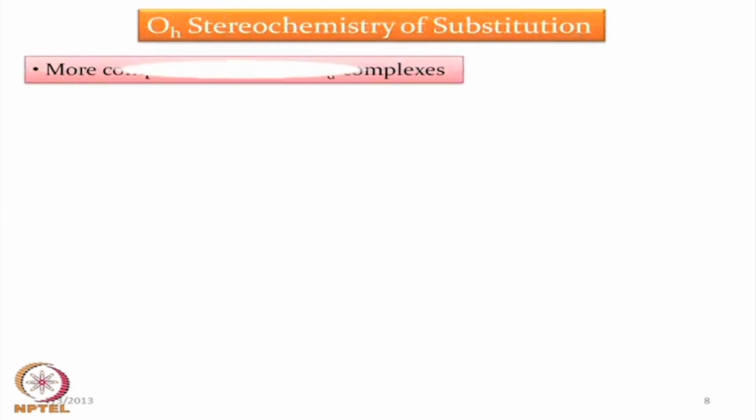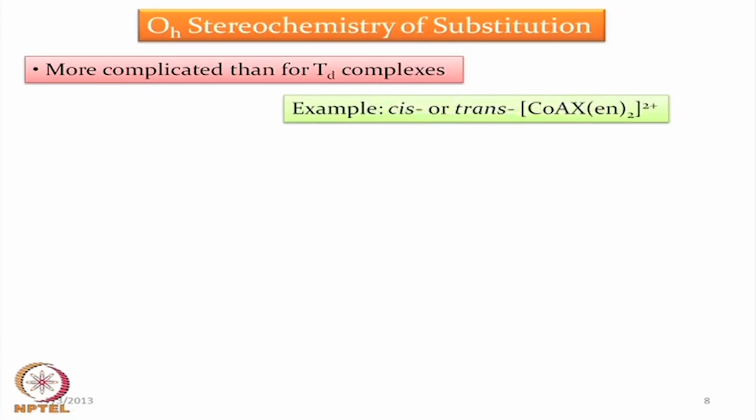So, the stereochemistry is important for this sort of substitution. Octahedral stereochemistry is more complicated than for tetrahedral complexes, and we can have these types of substitution reactions on cis and trans groups of ligands.